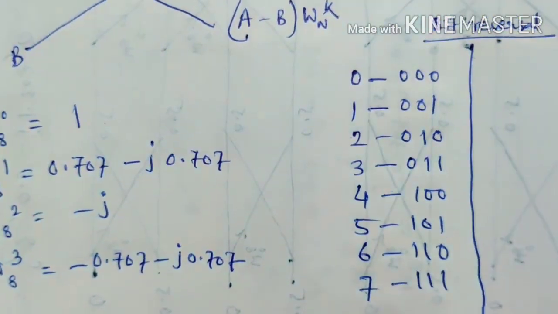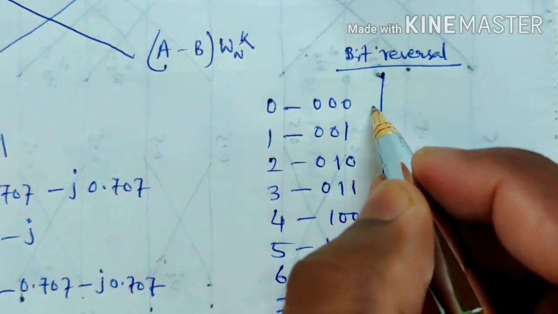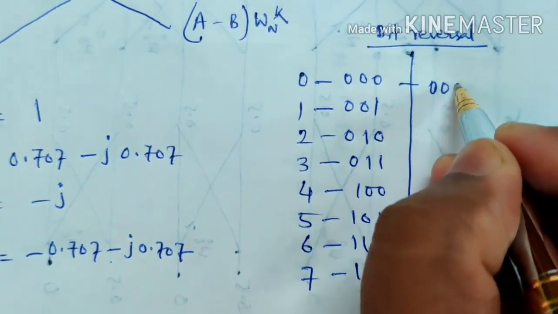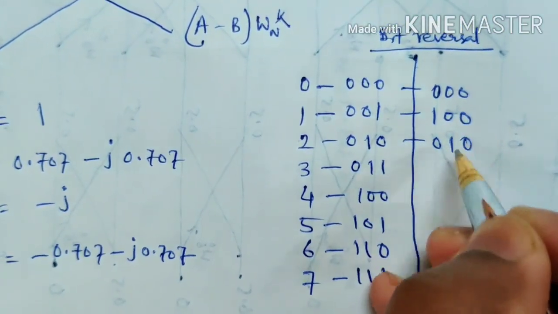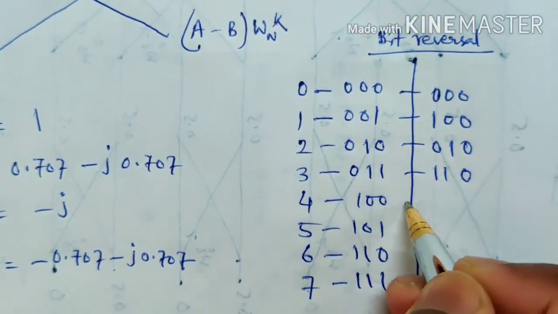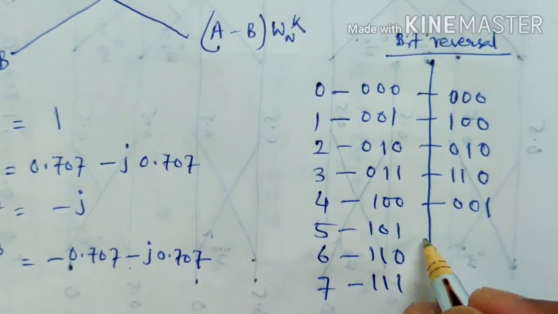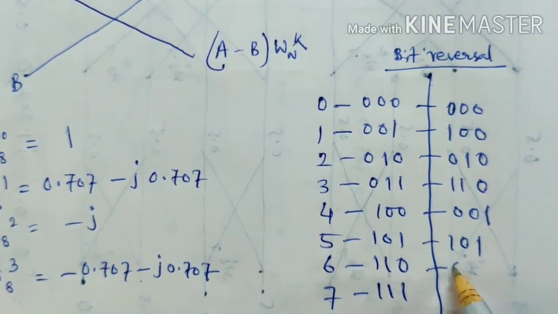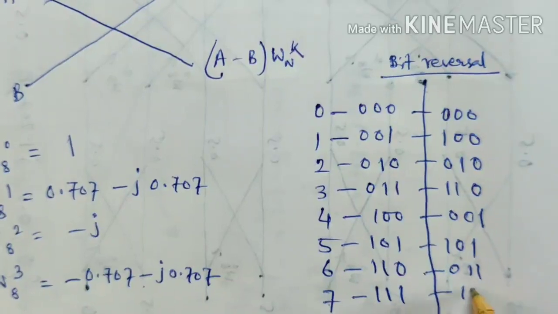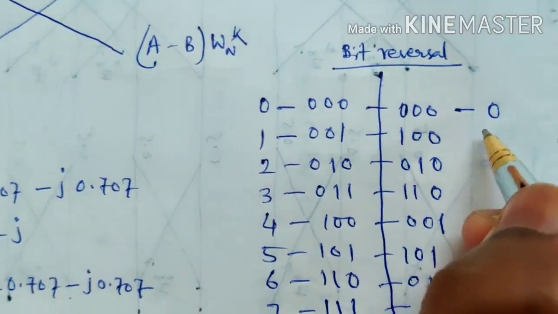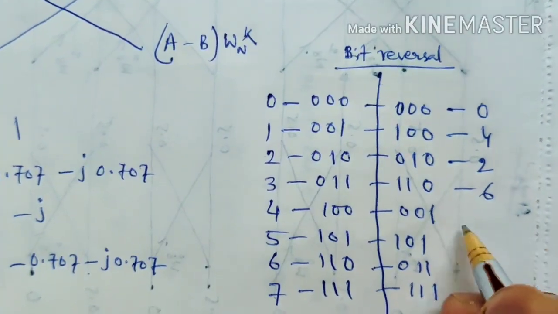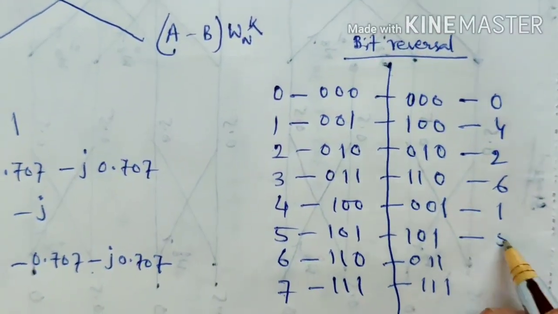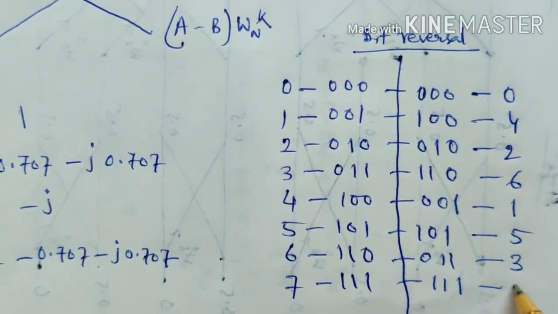Bit reversal is the mirror image of the same, so that will be 000, 100, 010, 110, 001, 101, 011, 111. So that will be 0 4 2 6 1 5 3 and 7.